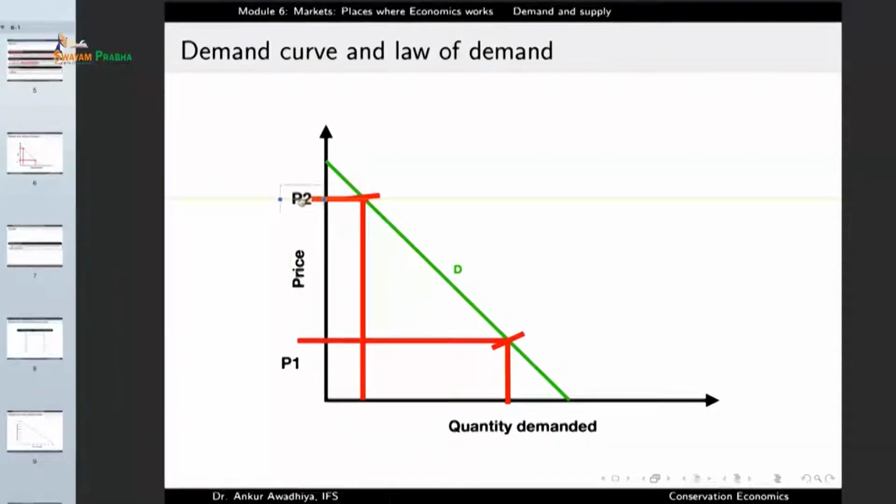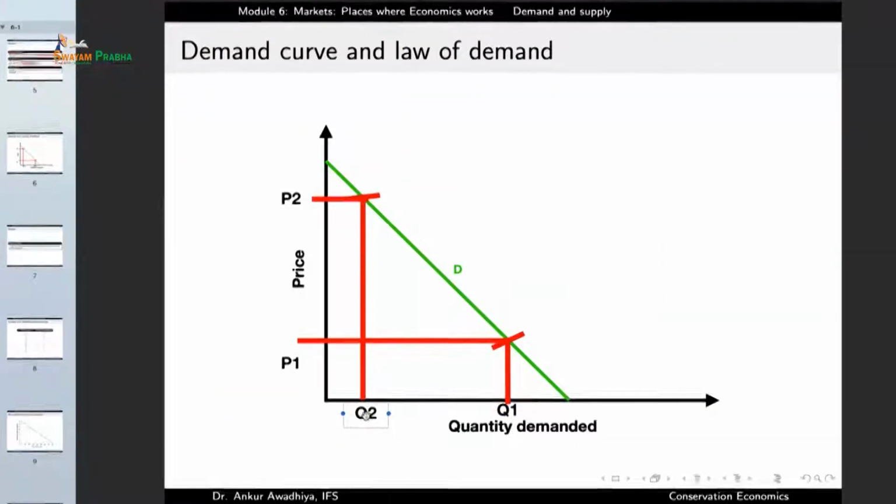Now, as the price has increased from P1 to P2, what happens to the demand, or let us say the quantity demanded? So at price P1, the quantity demanded was this much, Q1. And at price P2, the quantity that is demanded is Q2.